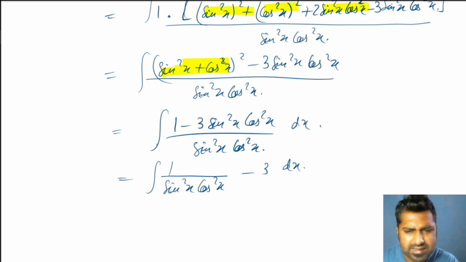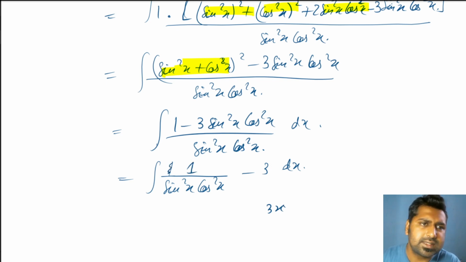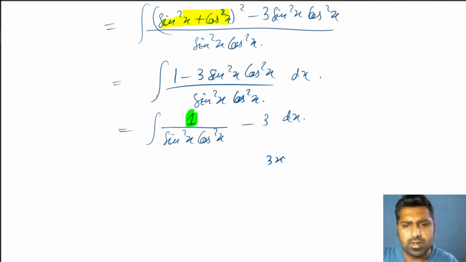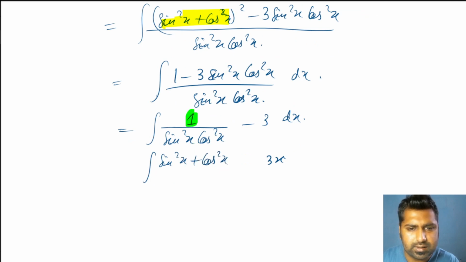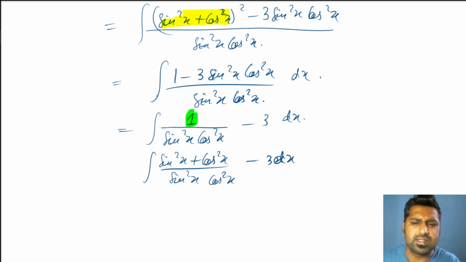Now 3 can be easily integrated, that is 3x, and this question is something that we have already done. If 1 is there, what can we do? We'll substitute this 1 as sine square plus cos square. So I write integration sine square x plus cos square x upon sine square x cos square x. For the timing, let's write down this as minus 3 only. We'll integrate it in one step.